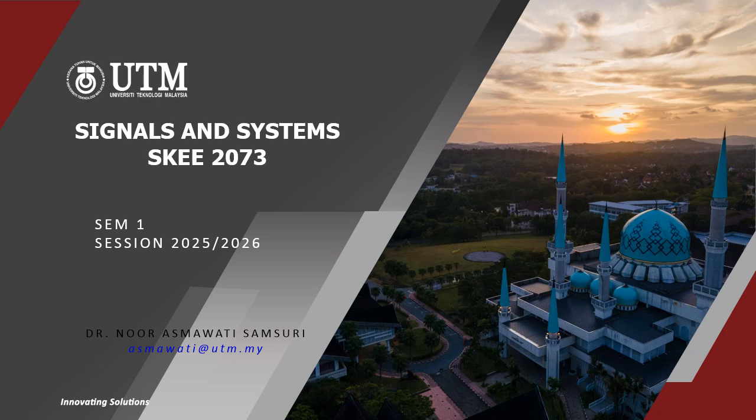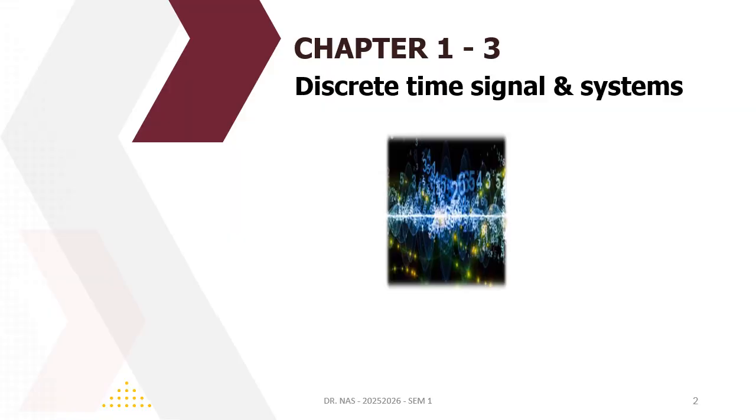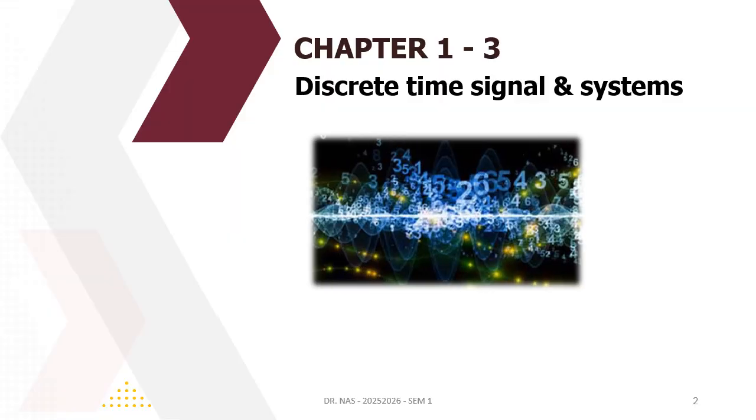So today we're going to continue with the next subtopic of the first chapter. Next we are going to look at discrete time signal and systems. In the previous lecture we learned about continuous time signal.